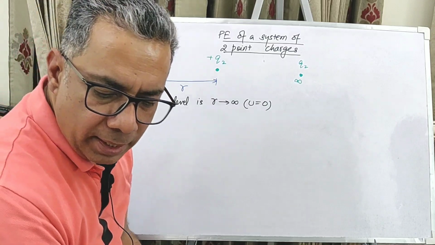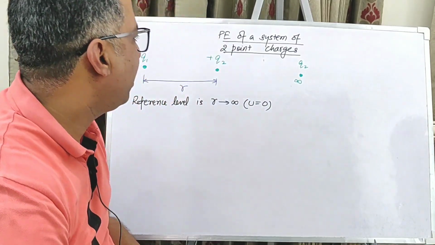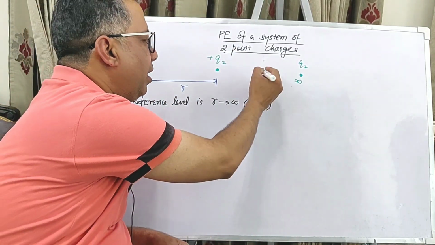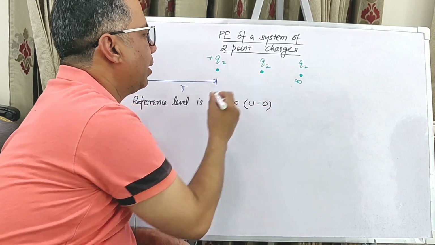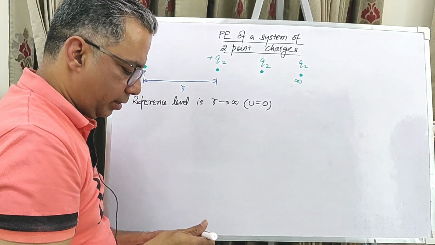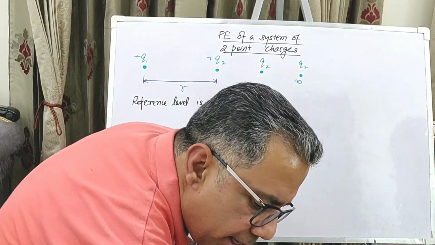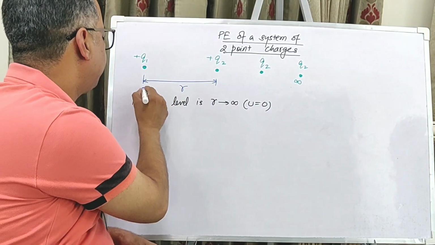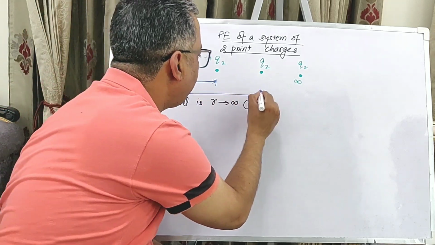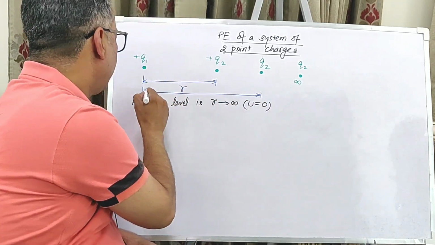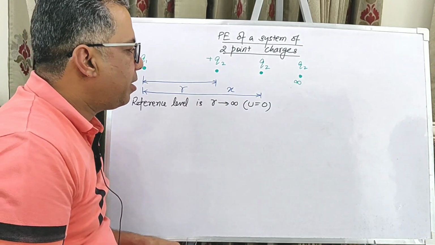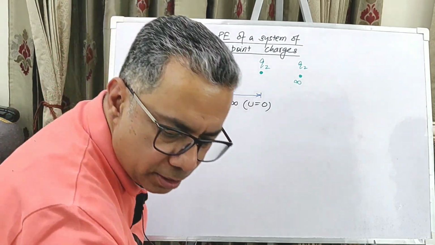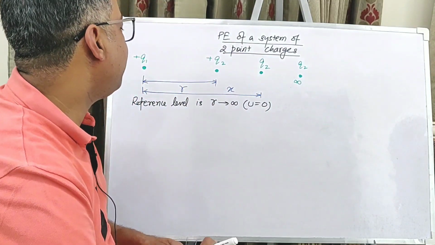Now let's look for an intermediate position. Let's say when Q2 is over here at a distance, let's say x. Q2 is at a distance x at this particular instant.